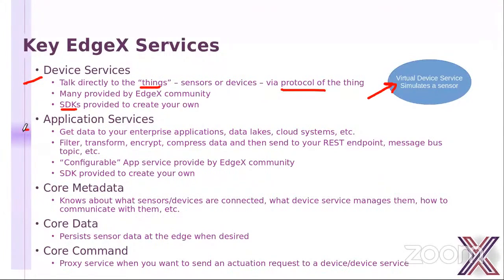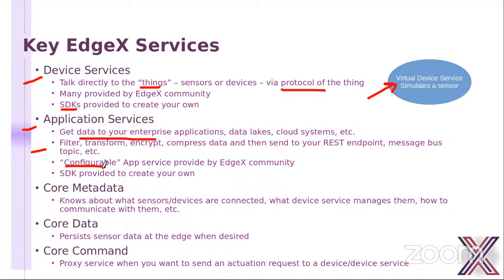Application services, as mentioned, this is where you use EdgeX services to get data to your enterprise, whatever that enterprise might be. Cloud system, data lake, application, whatever the case might be. And it helps to filter, transform, encrypt, compress, whatever means you need of having that data arrive at your doorstep in your IT environment. Application services can do that.